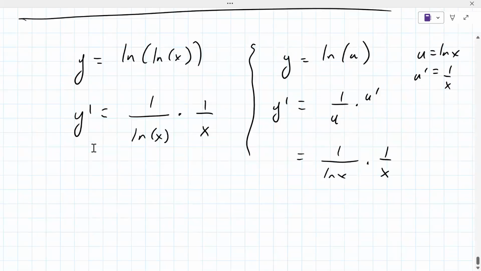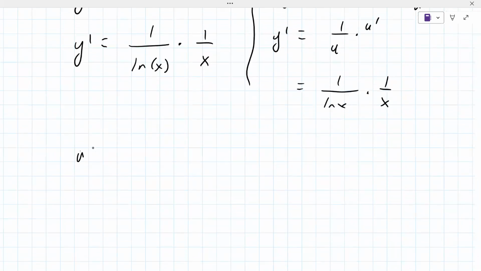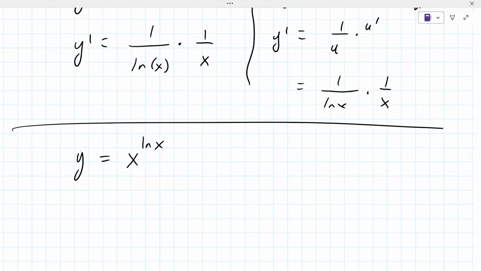Okay, let's try one more, I guess. y equals x to the natural log of x, which relies on what we just did here. Can you walk me through that one?